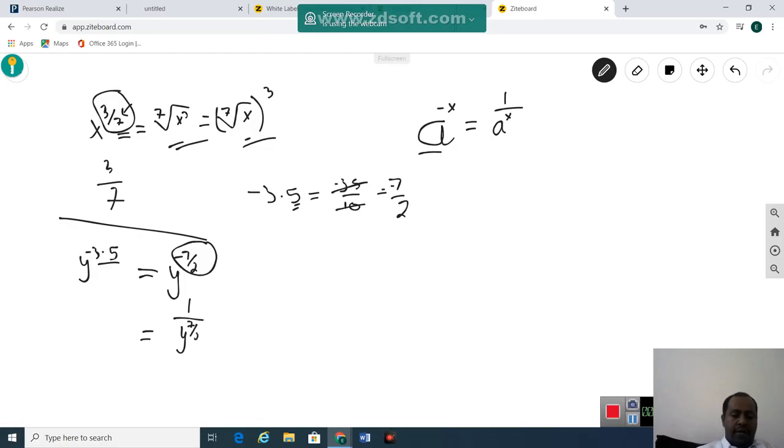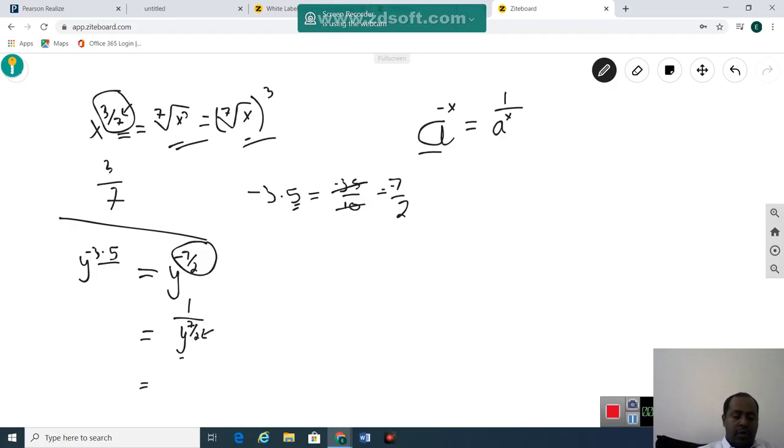Now after this it will be simple, because this is the same as part A. Then I can change this to radical expression by applying the key concept. Now here our index is 2.